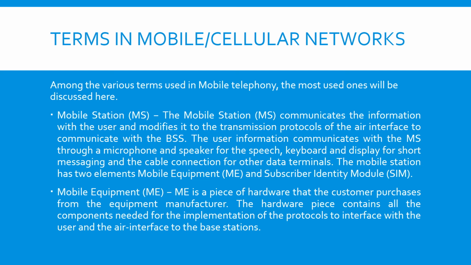Now, what is mobile equipment? Mobile equipment is a piece of hardware that the customer purchases from the equipment manufacturer. So mobile equipment is the mobile phone that we purchase from the market to connect to the technology wirelessly.